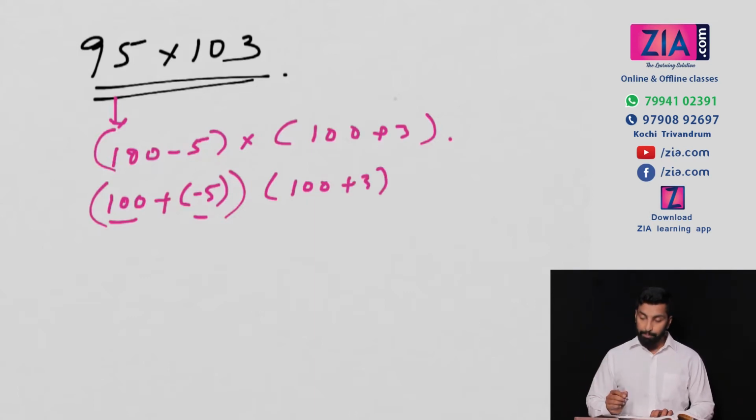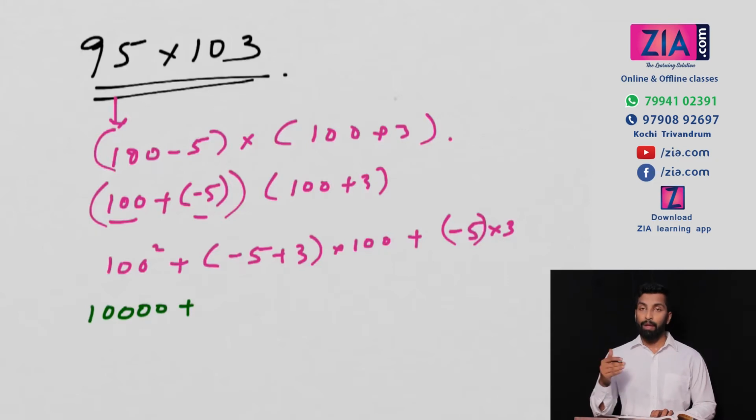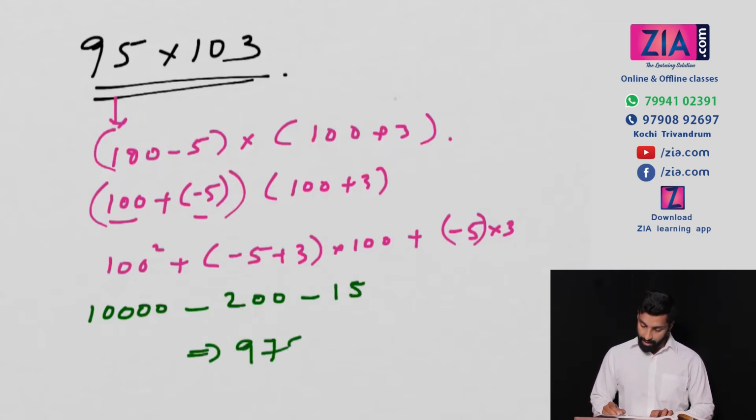So let's substitute now. 100 square plus, in bracket minus 5 plus 3, sum of 2, into 100 plus minus 5 into 3. Now let's simplify. This is going to be 10,000 plus minus 5 plus 3 minus 2, so minus 2 into 100, minus 200. Minus 5 into 3, minus 15. So what is your answer? 9785.